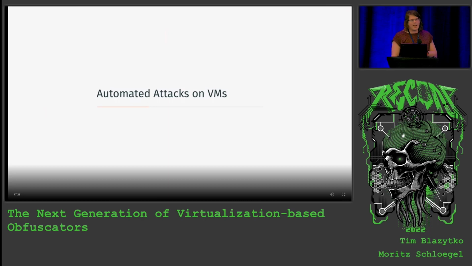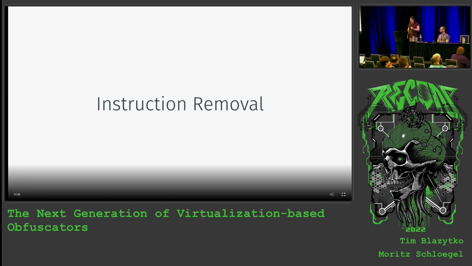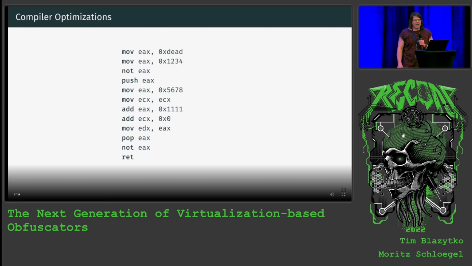So what kind of automated attacks are there that we can use on VMs? One of them is instruction removal. Instruction removal basically has the goal to remove unnecessary or bloat instructions. So many handlers, like VMProtect, use a lot of junk code, which can be easily removed by compiler optimizations. Think about, we have the following code.